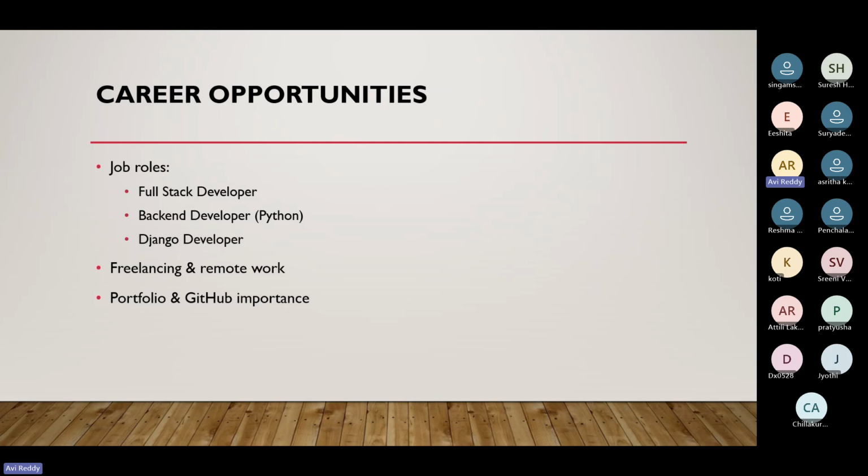Coming to the career opportunities, I discussed the roles in the starting point only. You can become a full stack developer, backend developer, Django developer, or an automation engineer. If you know Python properly, you can become a Python automation developer also.